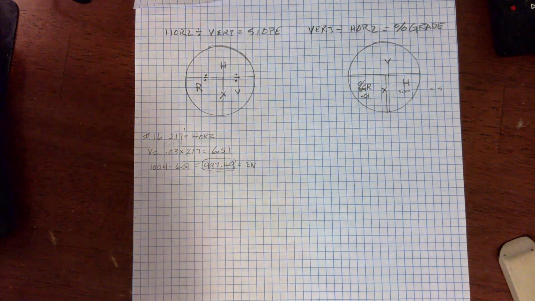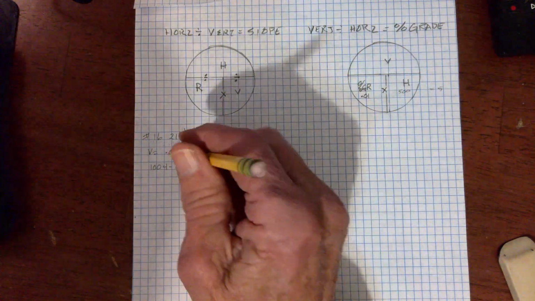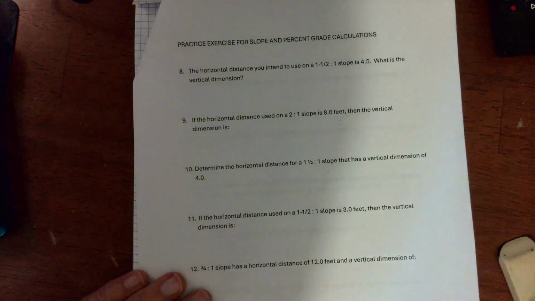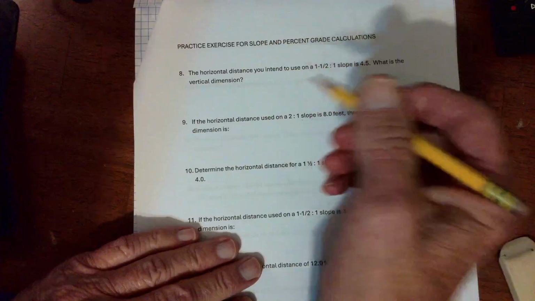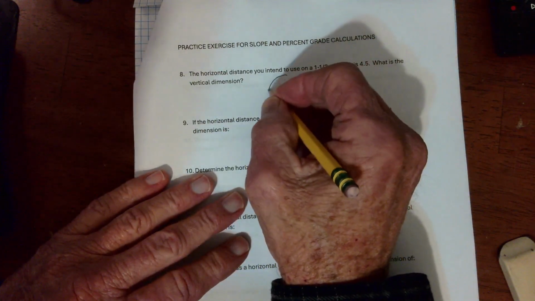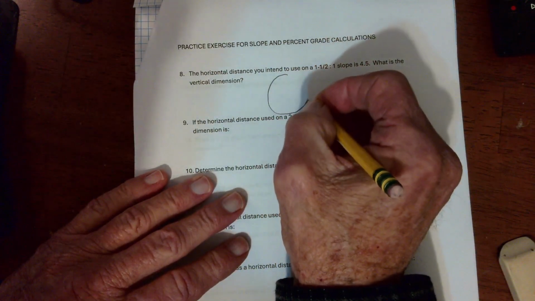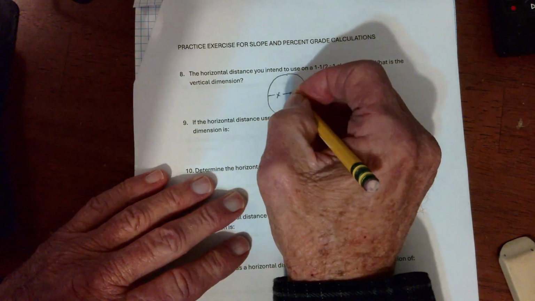Here's a scratch pad in case we need it. Where I wrote down one of the harder problems here that we will get to. Alright, looks like we're still working with a slope, so let's draw us a circle. Let's put in our X's and O's.